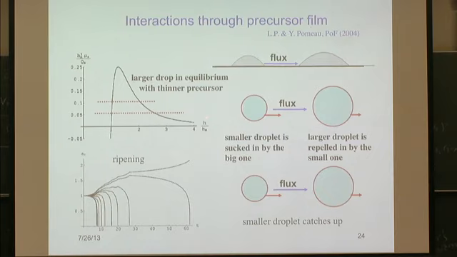But when the size of the droplet decreases, then the precursor becomes thicker. So if there is a precursor of a different thickness here, what happens? There would be a flux from a small droplet to a big droplet.